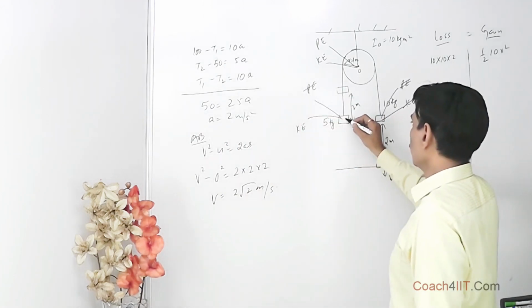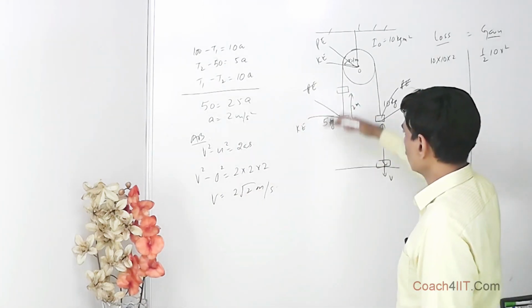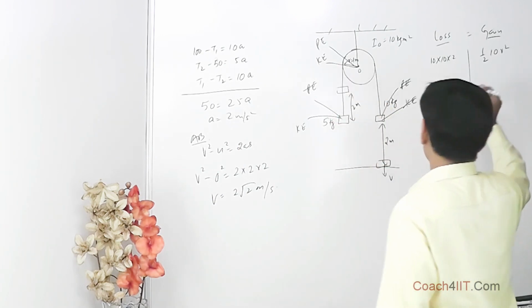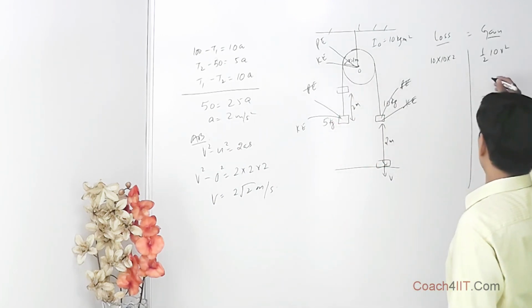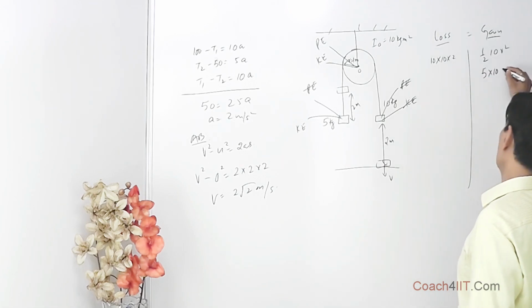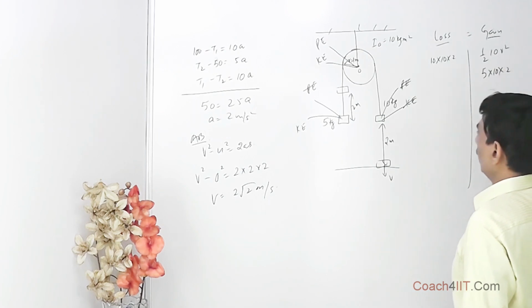Similarly, the gain of height is only 2 meters. So the gain of potential energy of this block is 5 gh, with g taken as 10 meters per second square for ease of calculation.